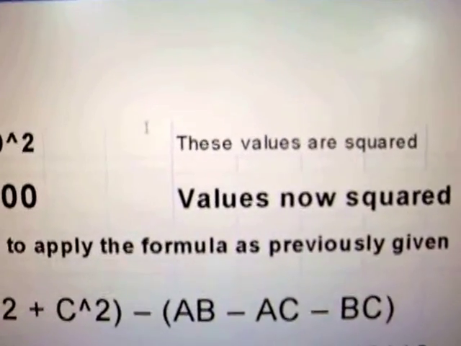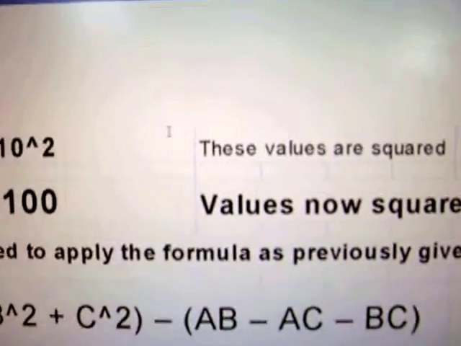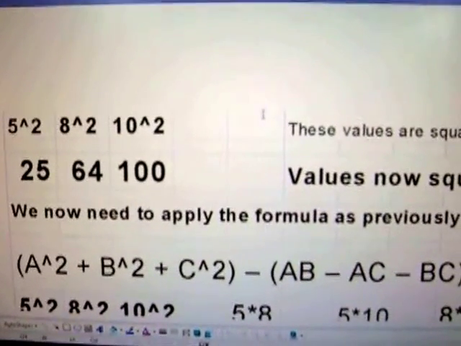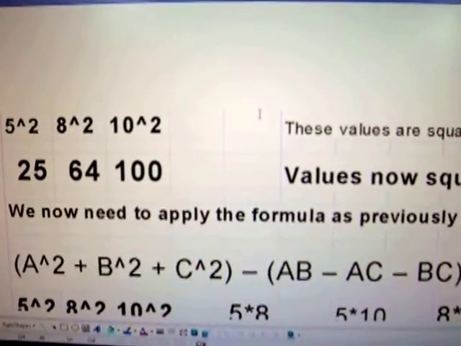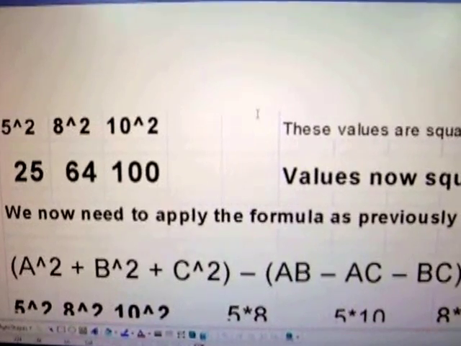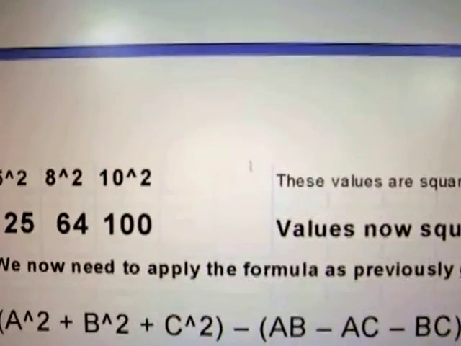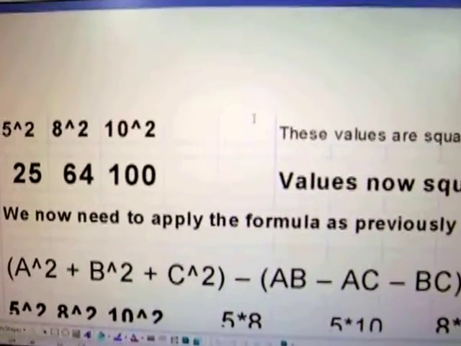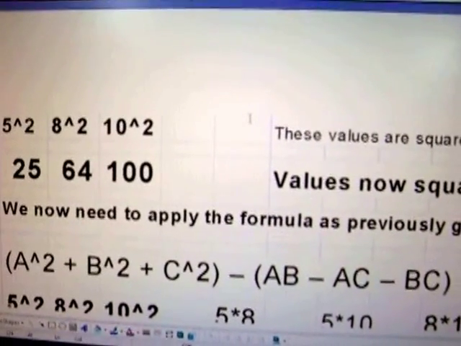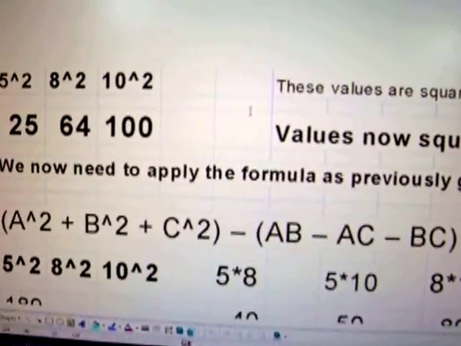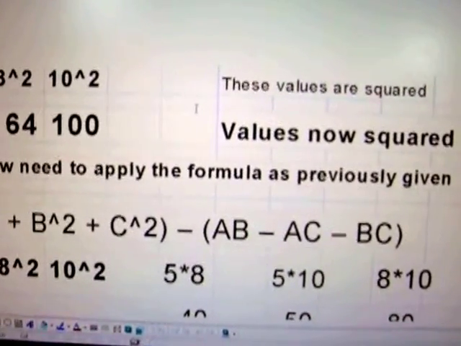I've simply said here these values are squared. If you square 5, it becomes 25. Square 8 is 64. And 10 squared is 100.